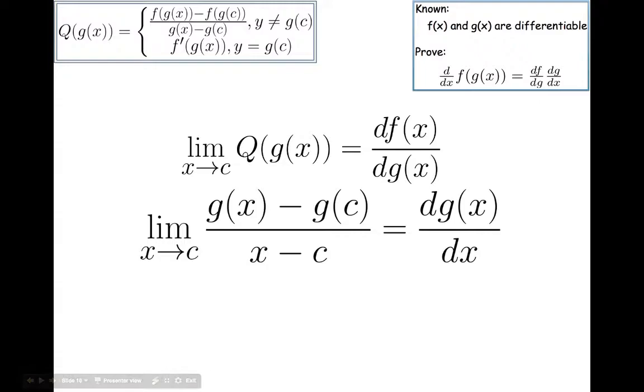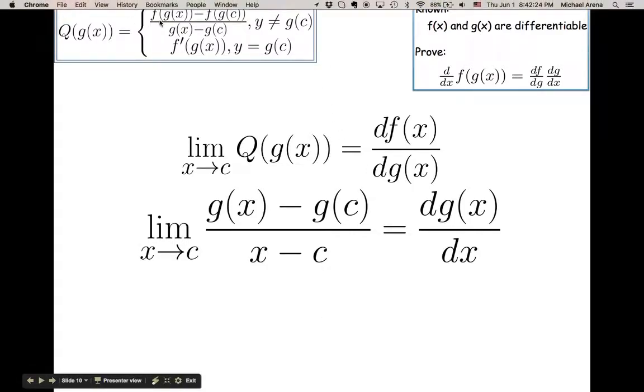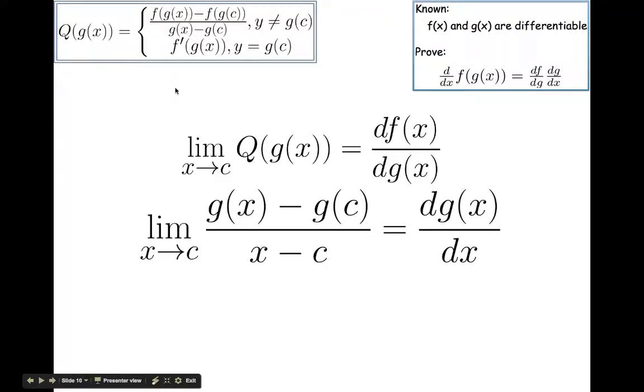So now let's recall again what this expression up here means. We know that this expression right here is just the derivative of f with respect to g, and this, as we talked about earlier, when we take the limit as g of x approaches g of c, which is the same as saying the limit as x approaches c, is just the alternate definition of the derivative of f with respect to g.